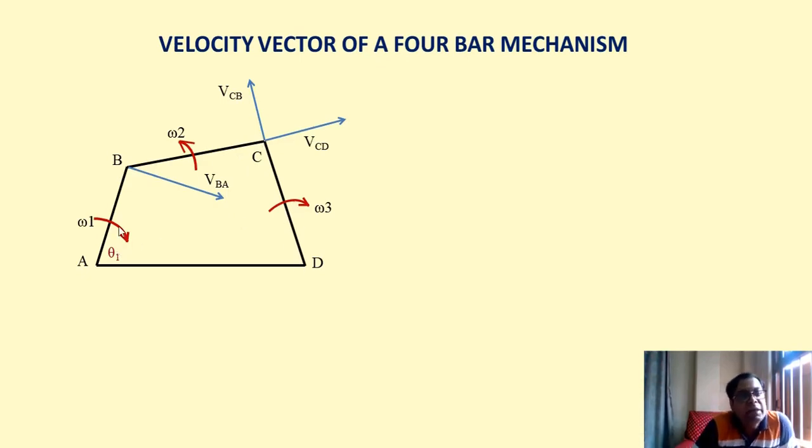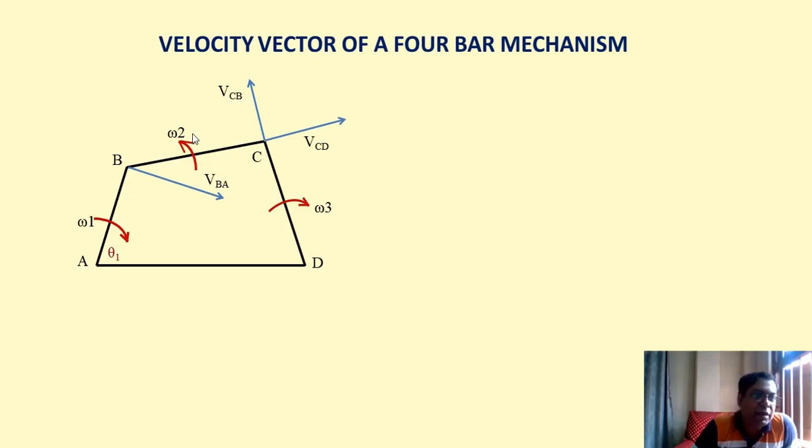Important thing, from the crank we have to note that from point B, the linear velocity component VBA is acting perpendicularly towards the right hand direction, that is towards the direction of rotation, making an angle of 90 degree.